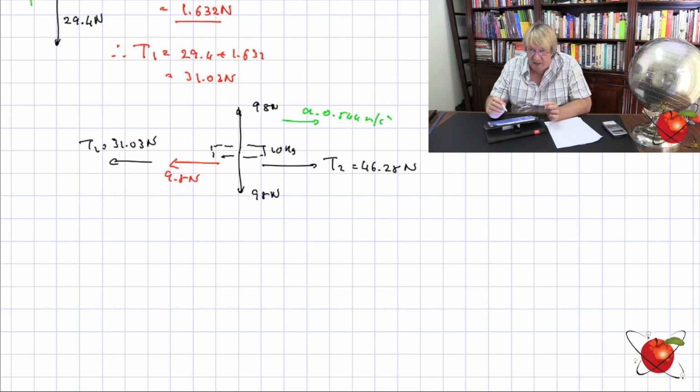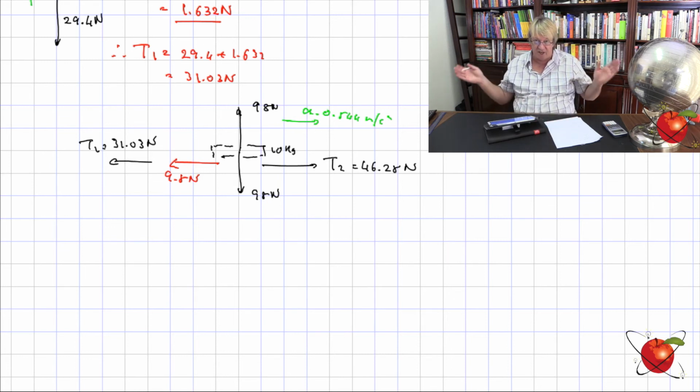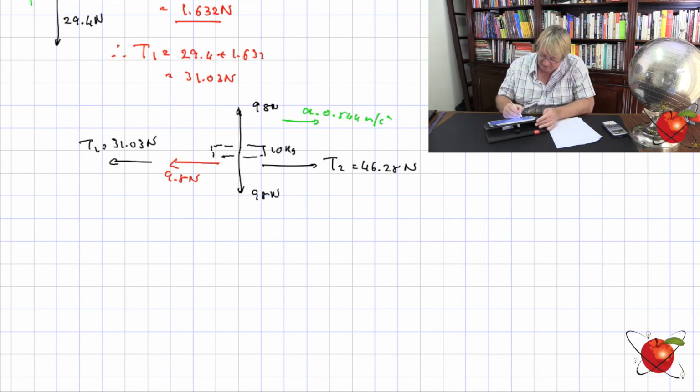Now this time I'm going to check myself this way. I'm going to say, well, those are the forces I've worked out. So if those are the forces, let me see if there's an F net. So let's say to the right is 46.28.